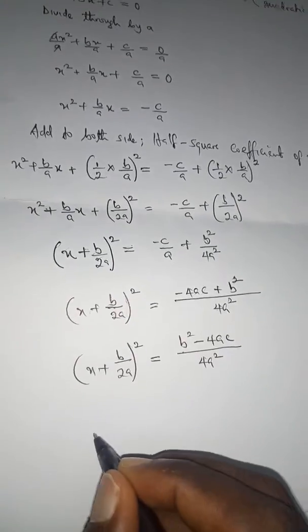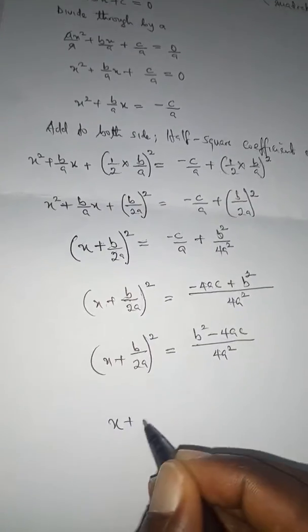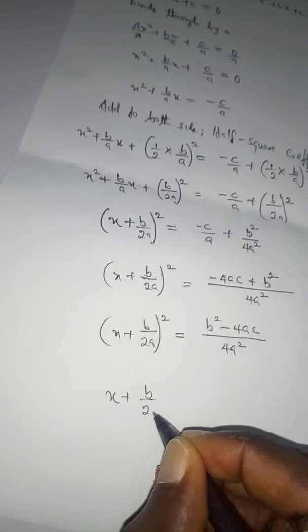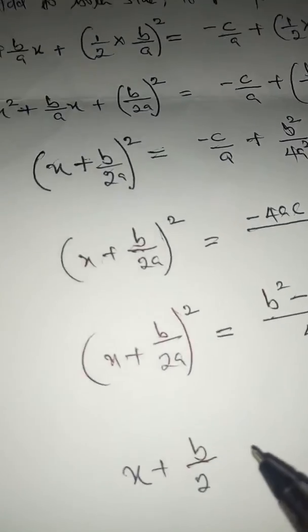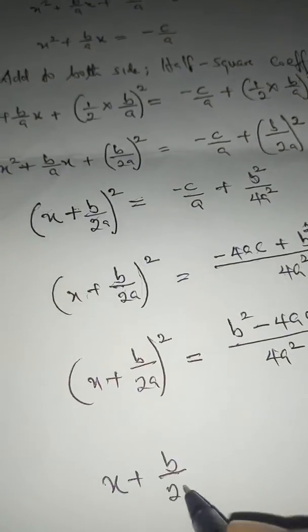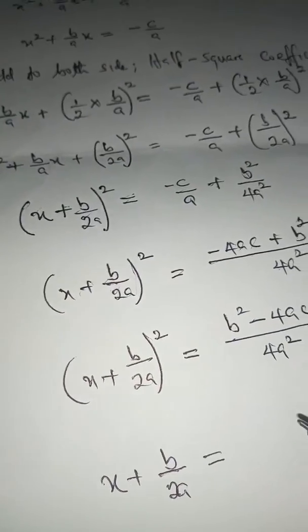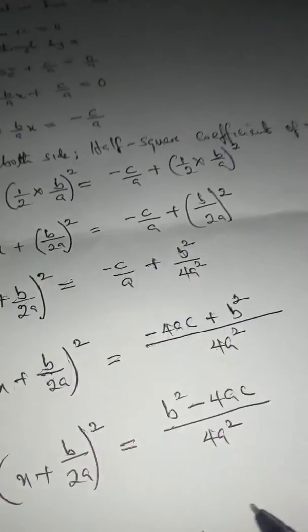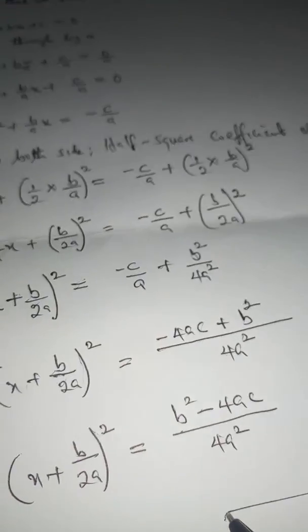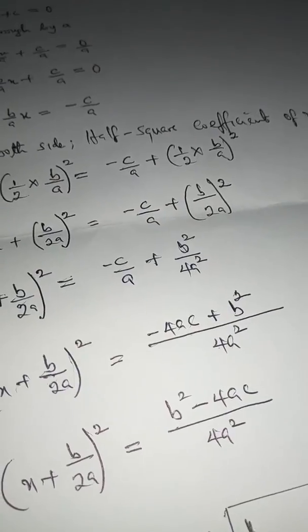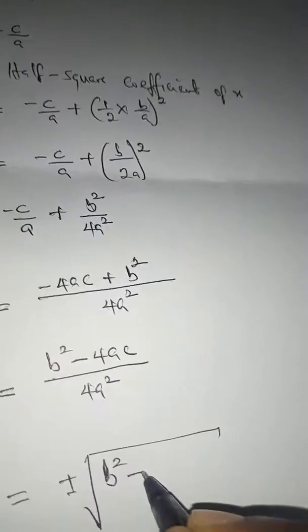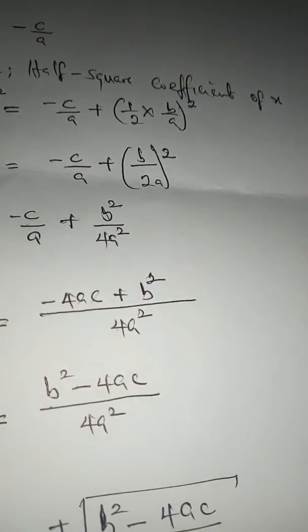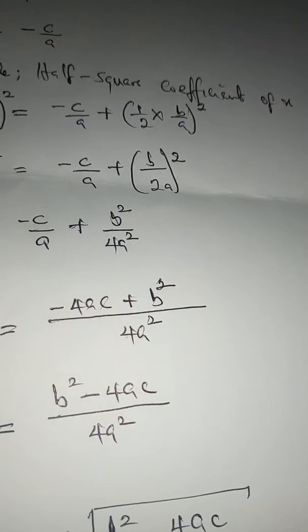So I will now have x plus b over 2a equals plus or minus the square root of b squared minus 4ac over 4a squared.